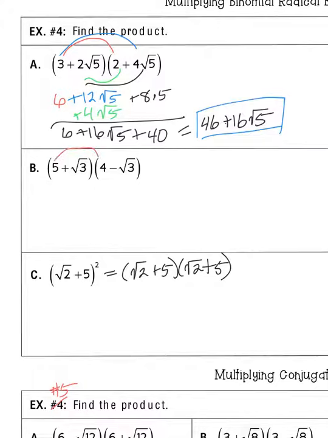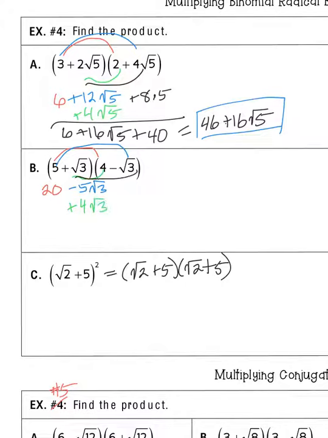Okay, so 5 times 4 is 20. And 5 times radical 3, negative radical 3, is going to be negative 5 radical 3. Then radical 3 times 4 is positive 4 radical 3.